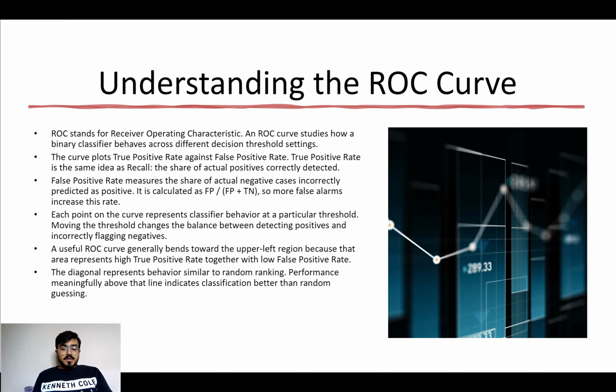So the further the curve moves above the diagonal line, the better the model's overall classification performance. Now that we understand what the ROC curve represents, let's see why changing the threshold creates this trade-off between detecting more positive cases and creating more false alarms.